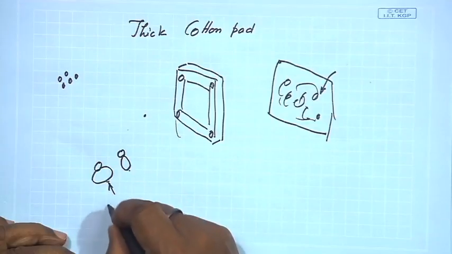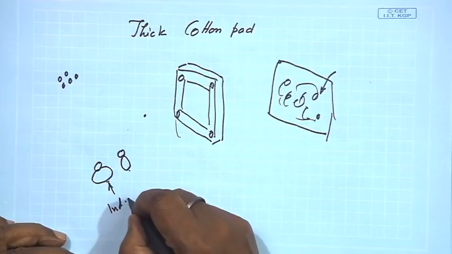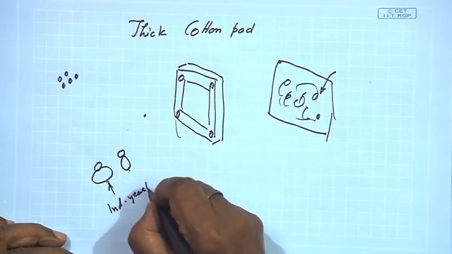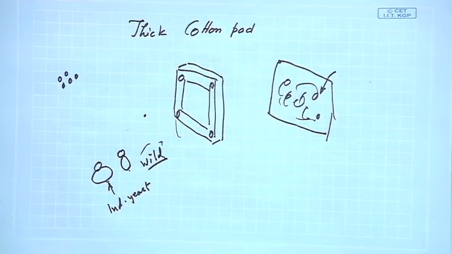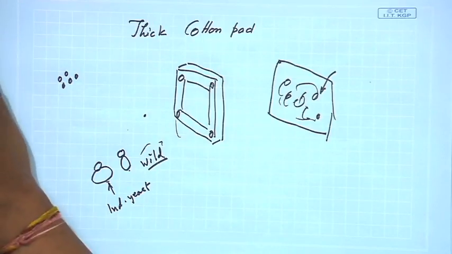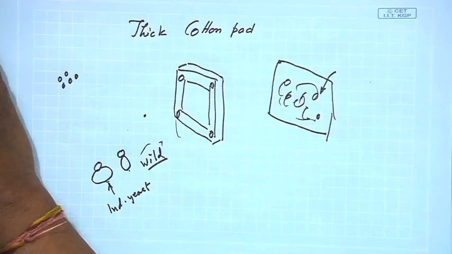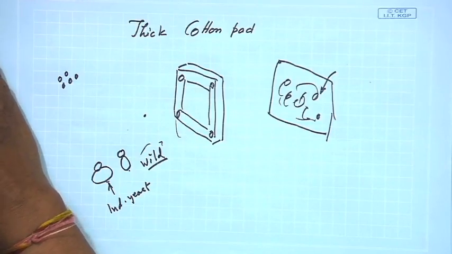This we consider the industrial yeast, and this is called wild yeast. Wild yeast is very slow growing, so naturally it affects the quality of the yeast and the fermentation process to a great extent.